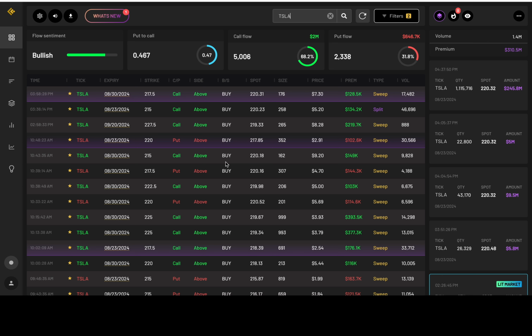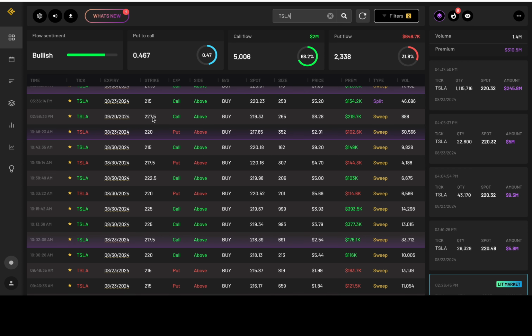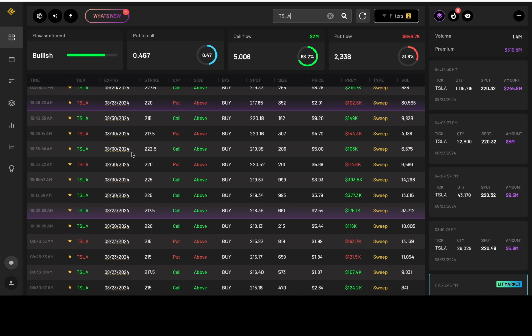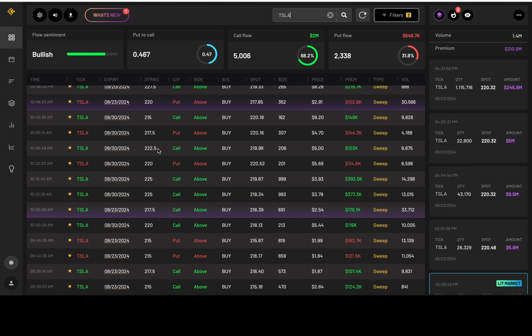Tesla's bullish, all above the ask, okay, guys? 5,000 contracts for calls, a little over 2,300 for puts. Let's see, 227.5 strike price for September 20th. I'm looking at these puts, this one a little out the money, 217.5. They entered around 220, August 30th, but then you got the calls over here.